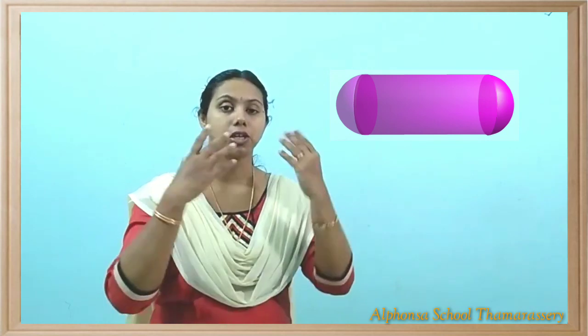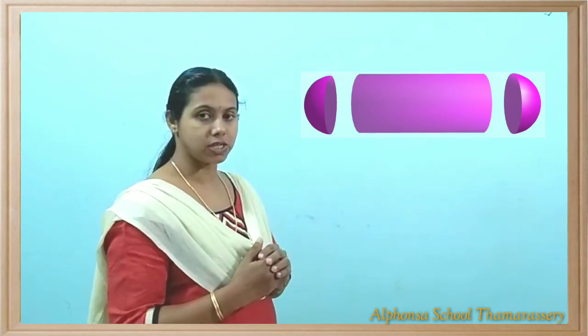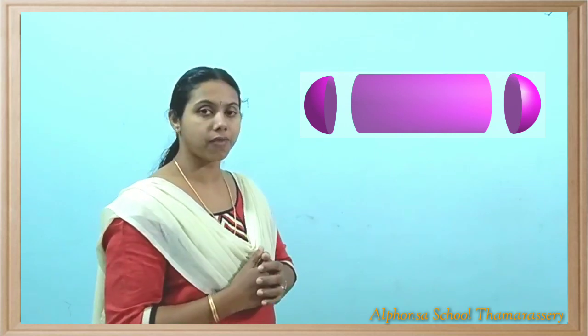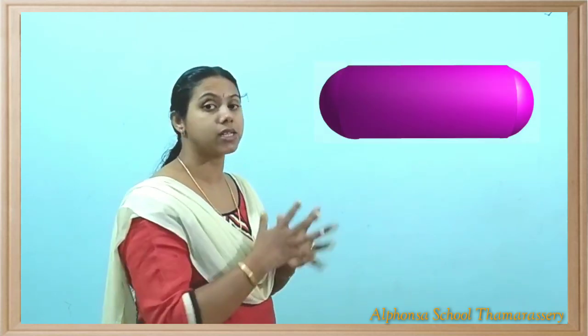So when you add these areas, we will get the total surface area of the container. So curved surface area of hemisphere plus curved surface area of cylinder plus curved surface area of hemisphere is equal to the total surface area of that solid.